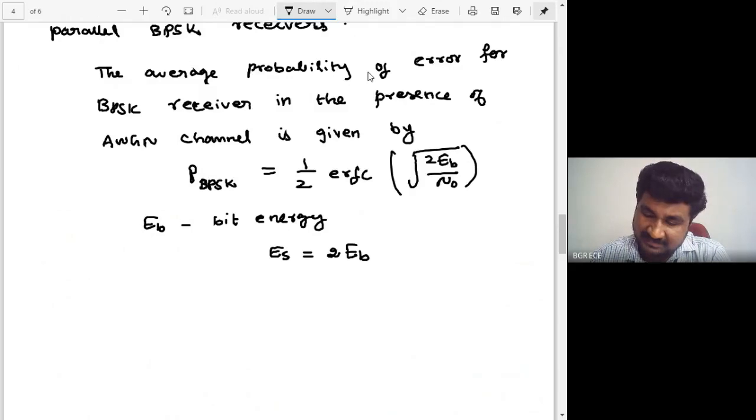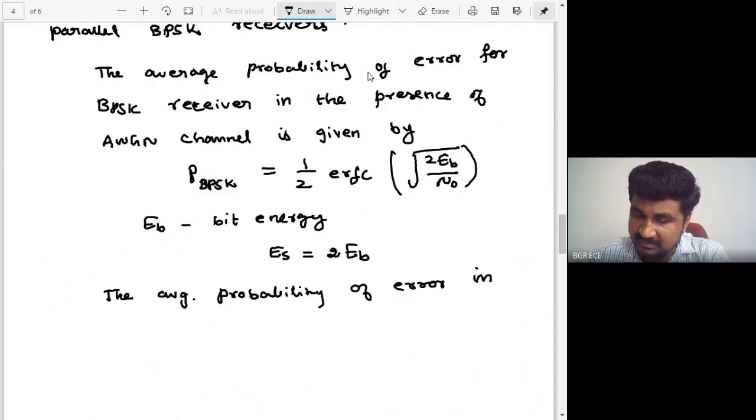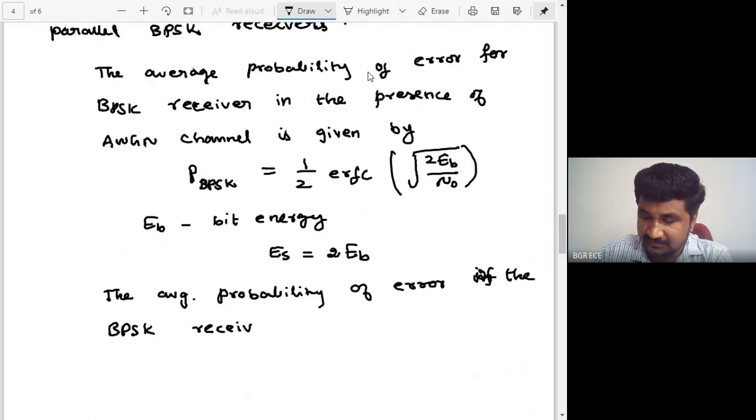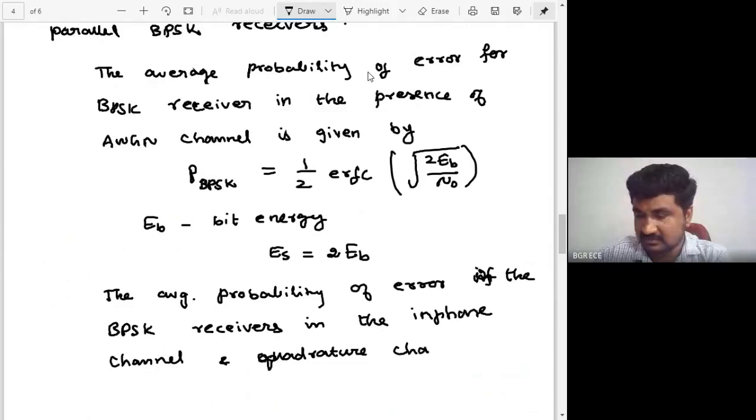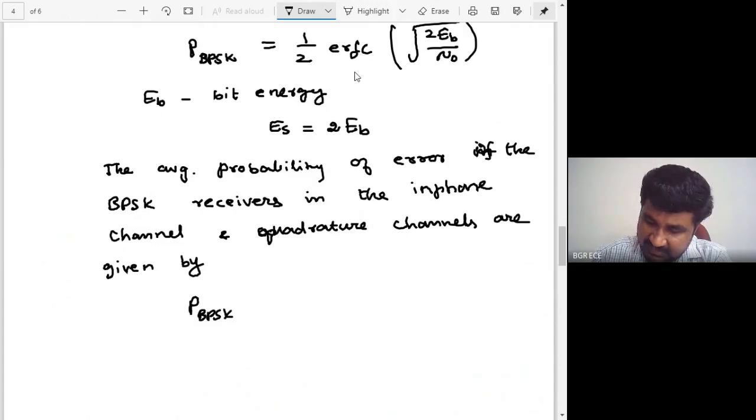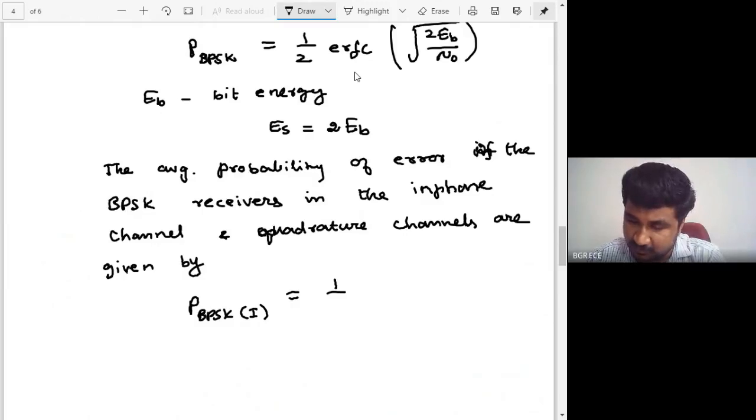Hence, the average probability of error of the BPSK receivers in the in-phase channel and quadrature channel are given by P_BPSK of I, which can be written as 1 by 2 error function of square root of Es by N naught.